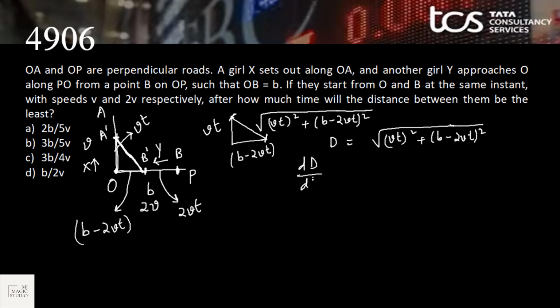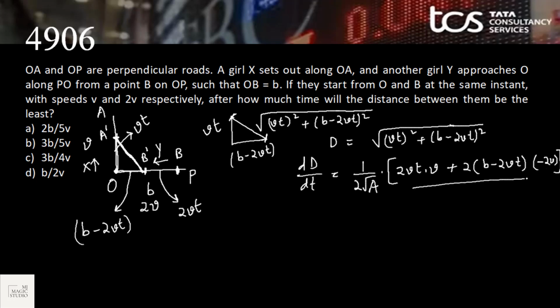So dd by dt, derivative of root x is 1 by 2 root x into dx by dt. It will be 2vt into v, derivative of vt would be v again, plus 2 into B minus 2vt into minus 2v. If this is equal to 0, this entire expression should be equal to 0.